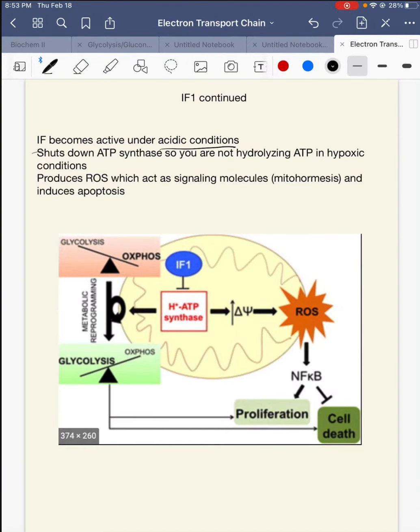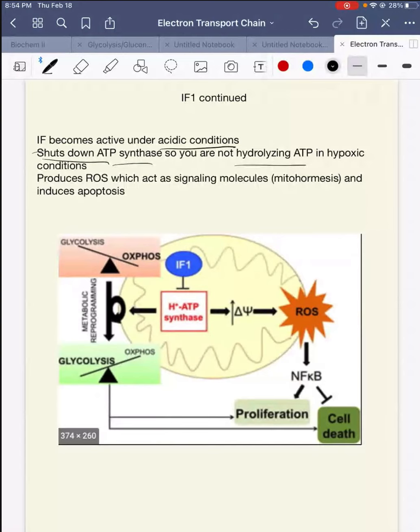And what it does is it shuts down ATP synthase, and this allows us to stop hydrolyzing ATP under hypoxic conditions. An example would be someone who sprints and holds their breath: their cells are still working, but they don't have oxygen acting as an electron acceptor.